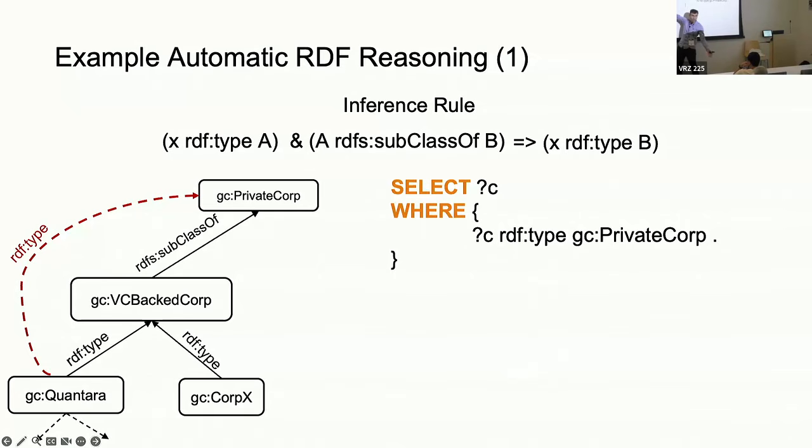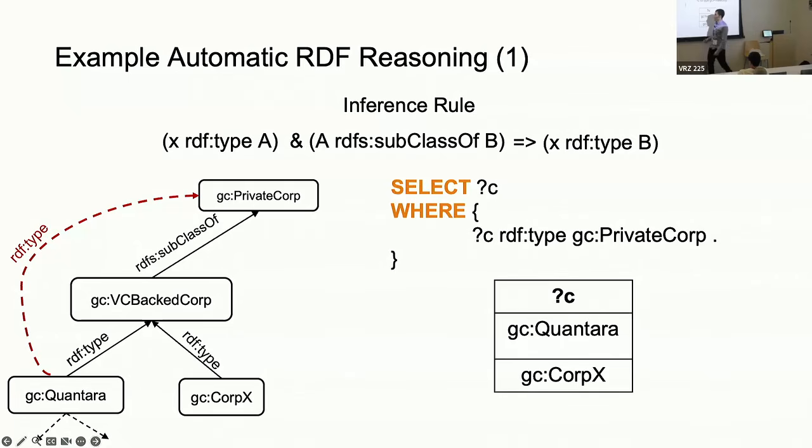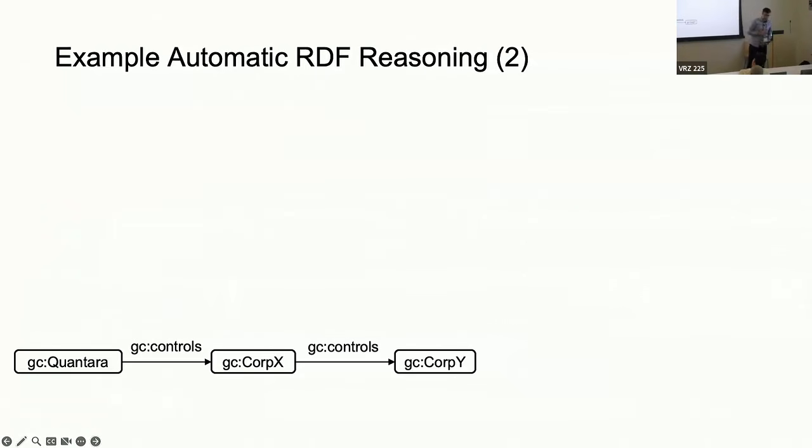But because of this inference rule, an RDF system will actually return Quantara and Corpex, because they understand the meaning of RDF type and RDF subclass, even though the triple Quantara RDF type private corp does not exist. The system already knows this indirect inference rule, so it will give you what you expect, which is that Quantara and Corpex are private corps, right?